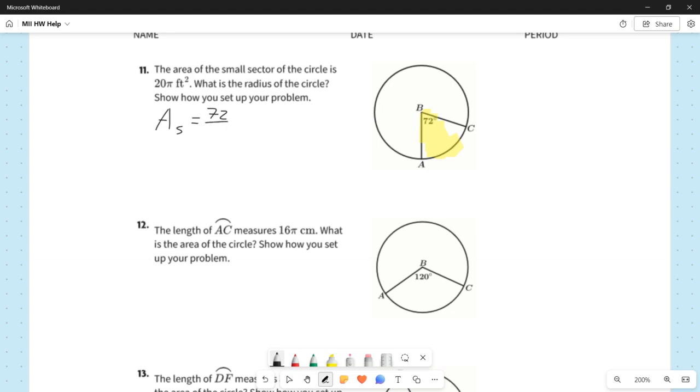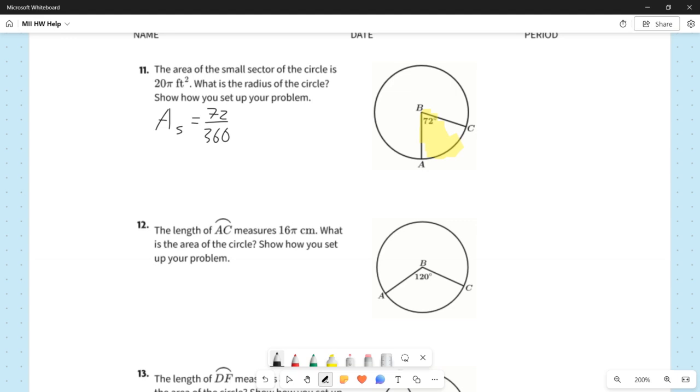Our denominator is the total angle measurement at the center, and since it's a circle, that's 360 degrees. We don't need the degree symbols here because it's a ratio, so they cancel.